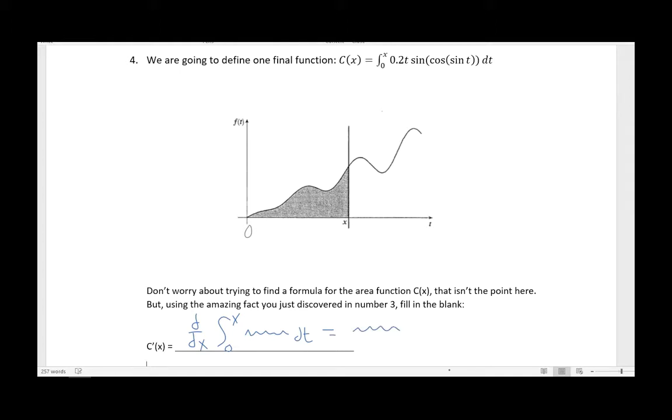So in this case, the squiggly would be 0.2x sine of cosine of sine of x. And there's our answer.